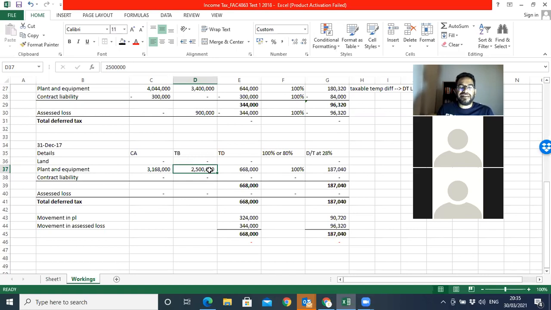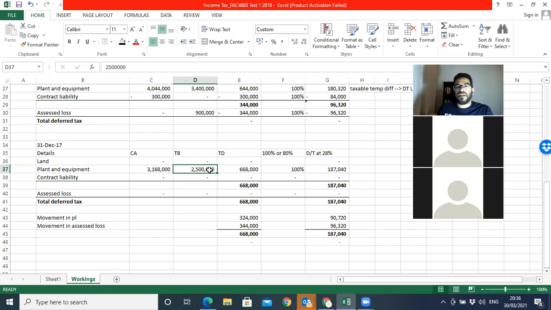So they're going to tax us on 7.5 million rand. So in future, accounting expects to be taxed on 6.9 million, but we're actually going to be taxed on 7.5 million. Therefore, in future, we're going to have to pay more tax. That implies that this temporary difference is a taxable temporary difference, because we're going to pay more tax in the future.